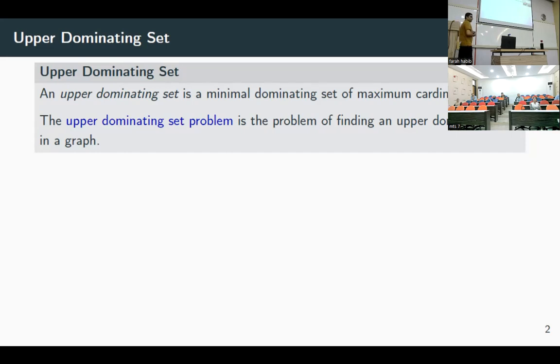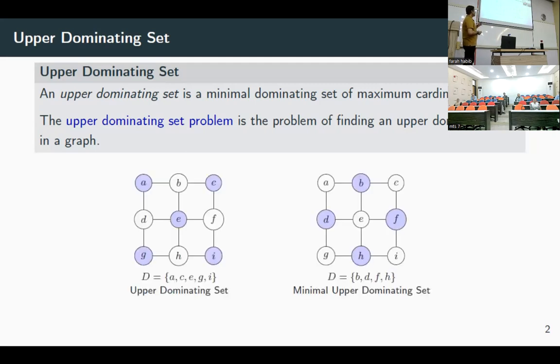So what is an upper dominating set? An upper dominating set is basically a minimal dominating set of maximum cardinality. There might be multiple different dominating sets, and there might be multiple different minimal dominating sets. And if we choose a dominating set which is minimal and which has the maximum cardinality, then that is called an upper dominating set. For example, if you look at the same graph with two different dominating sets, both are minimal dominating sets because we cannot remove any vertex from them.